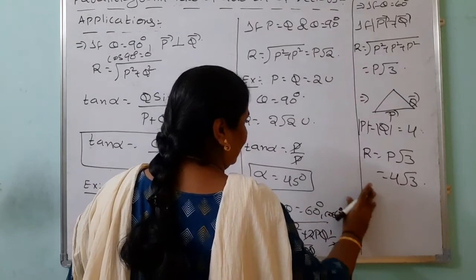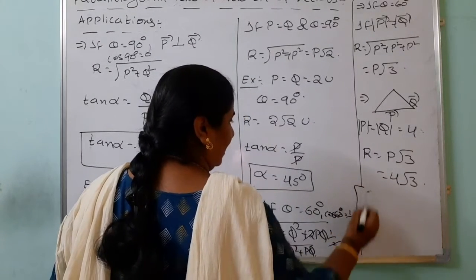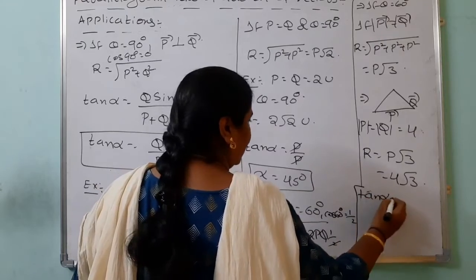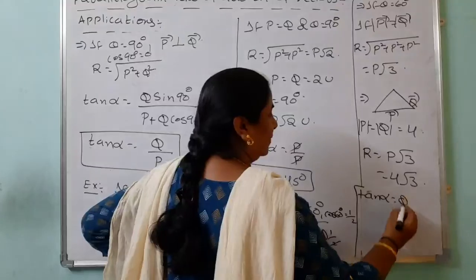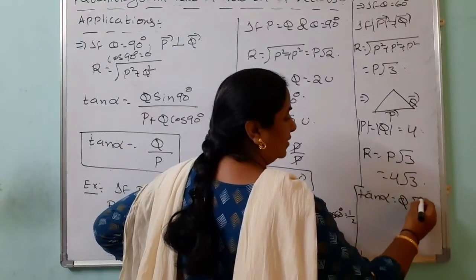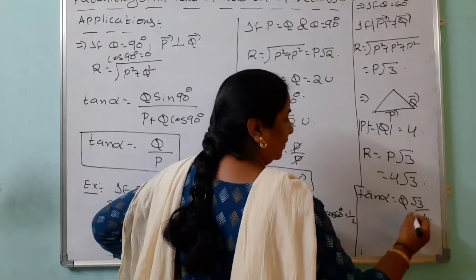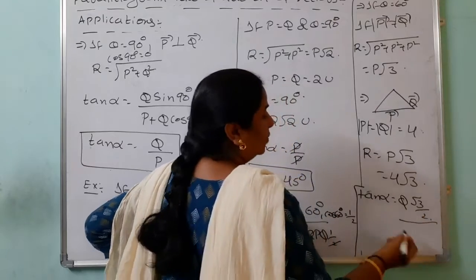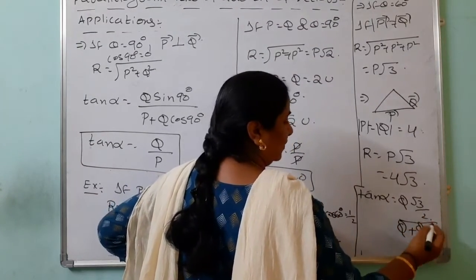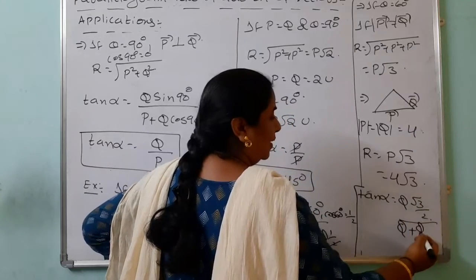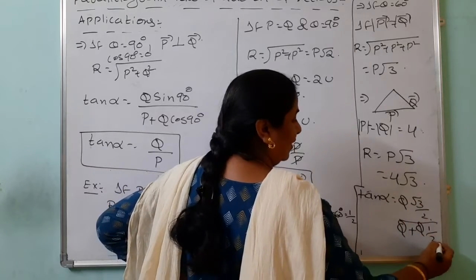Tan alpha equals Q sin theta by P plus Q cos theta. Here Q sin theta, sin 60 is how much? Root 3 by 2. P and Q both are same. Plus Q cos theta is 1 by 2.